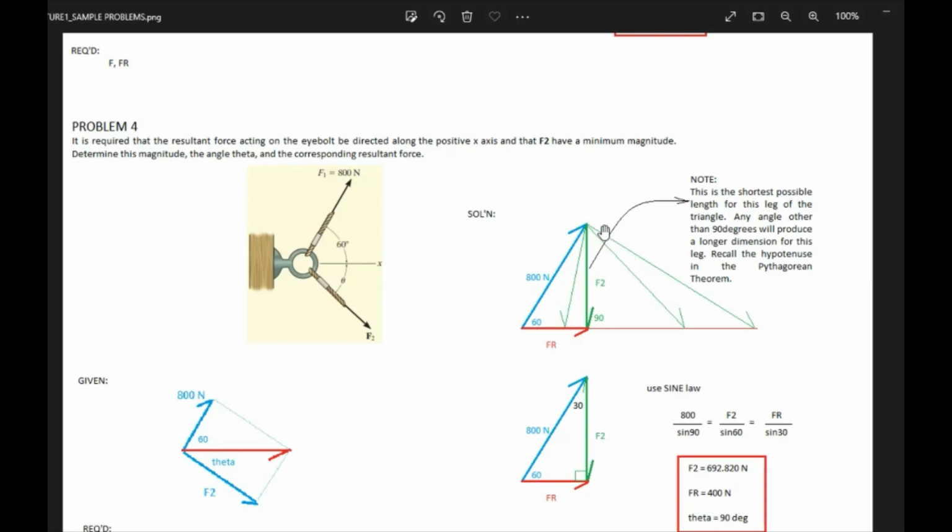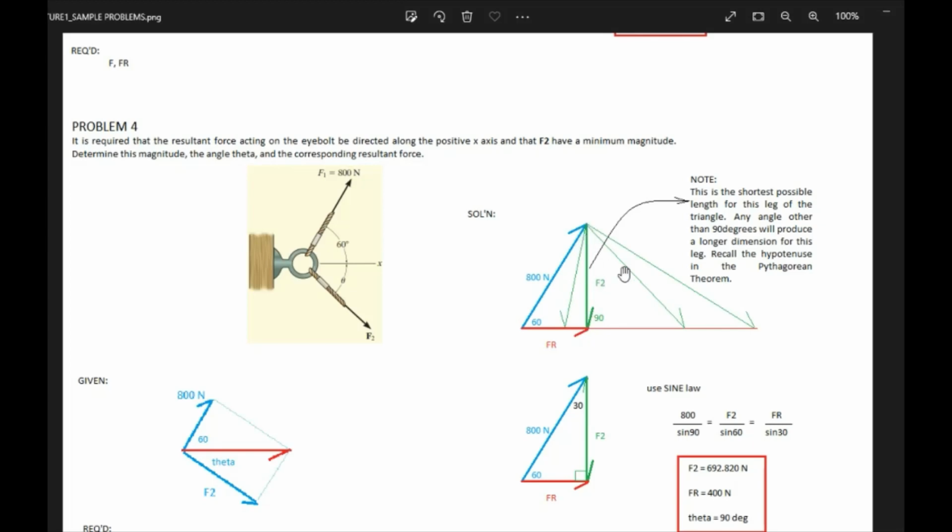Alright? So, let's imagine F2 to be this line here. Okay, so kunwari yan si F2. Ngayon, let's try doing this line. Diba yung line na to is shorter than this one? Now, what if I drew this line here? Vertical line.